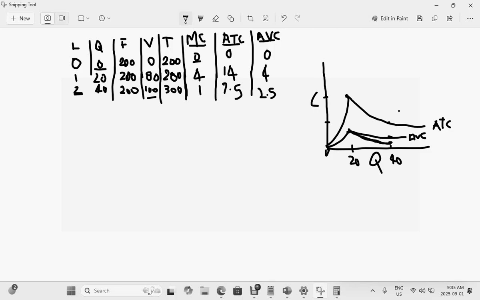All right. So if you try to make sense of this, your average total cost goes up to, for example, 14 over here, and eventually gradually climbs down as you produce more units. Same with your variable cost.